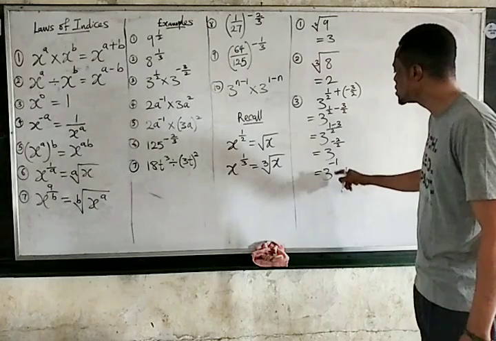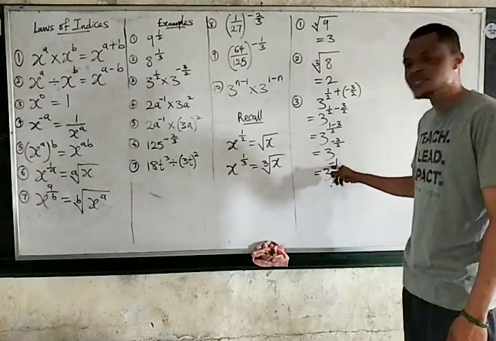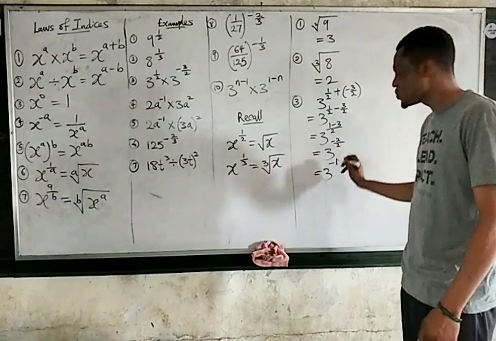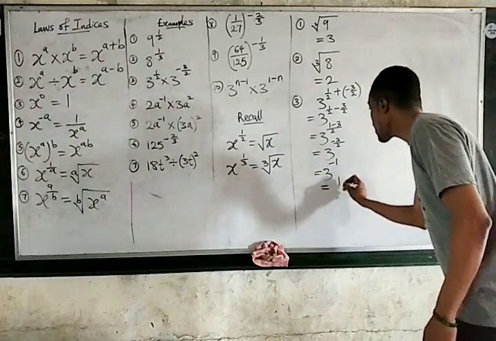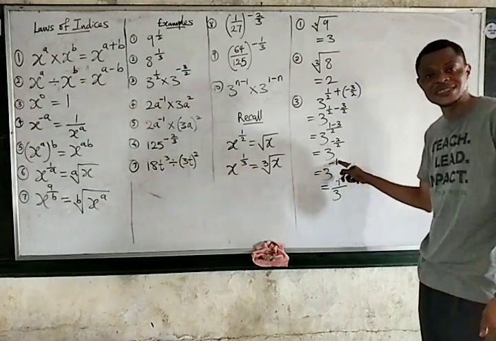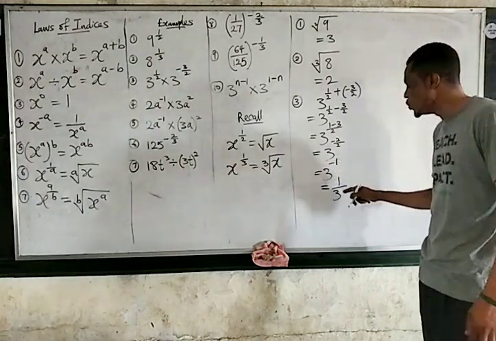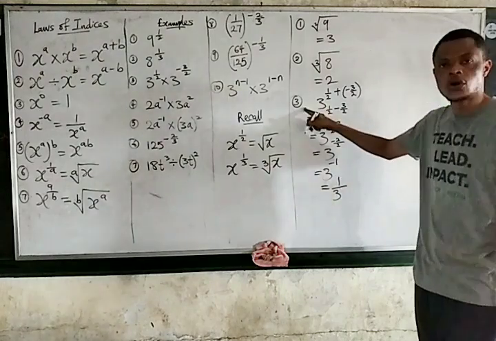And we are having 3 raised to the power minus 1. Raised to the power minus means 1 all over. So you have 1 all over 3 raised to the power of 1, and then the power of 1 will remain the same. So we have 1 all over 3 for the third question.